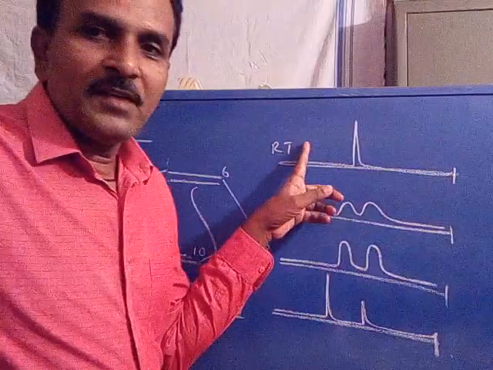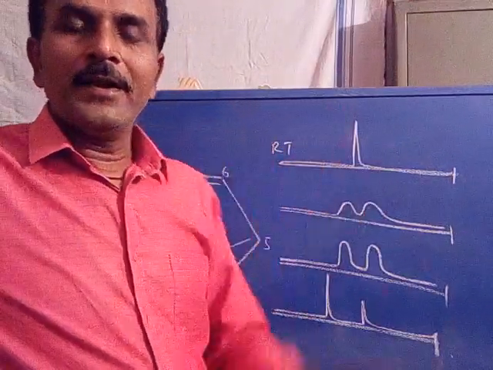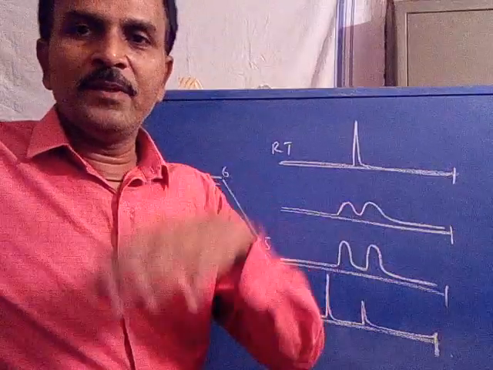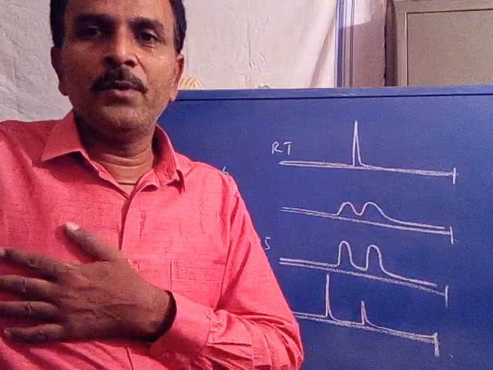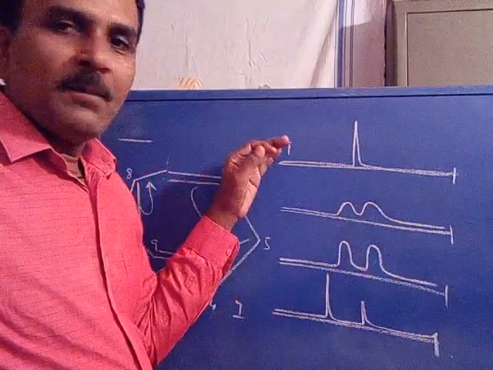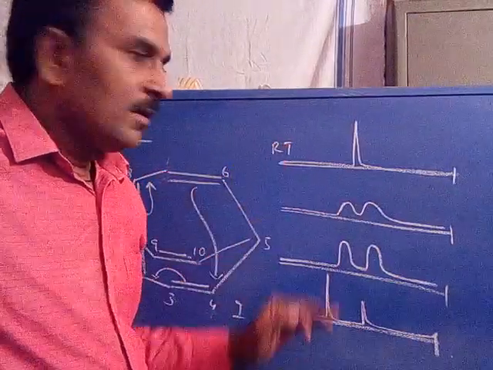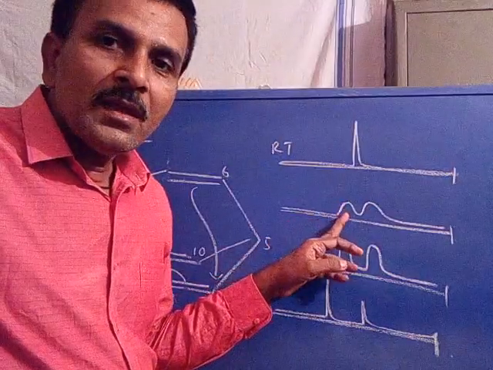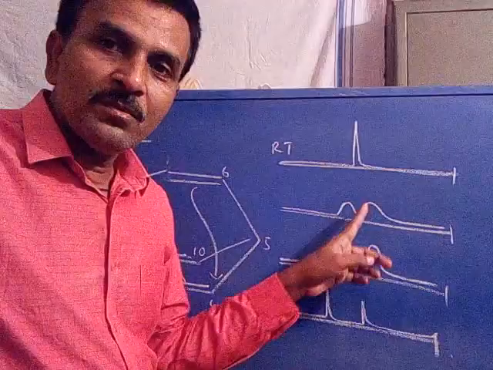At room temperature, there is only one signal for all hydrogens, irrespective of protons on sp3 carbon or protons on sp2 carbon. When the temperature is decreased, slowly sp3 carbons get separated from sp2 carbons.